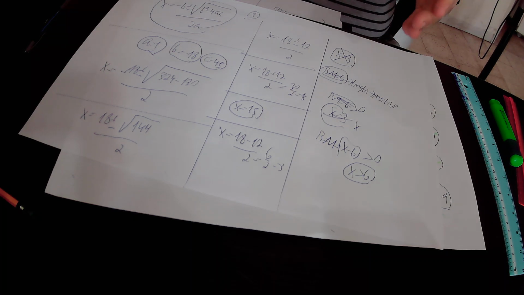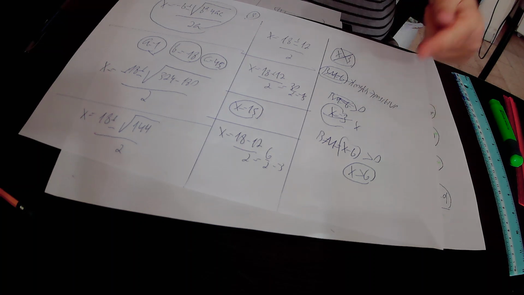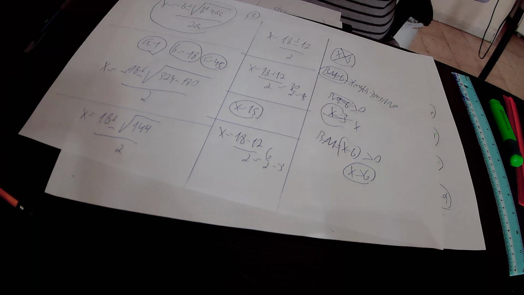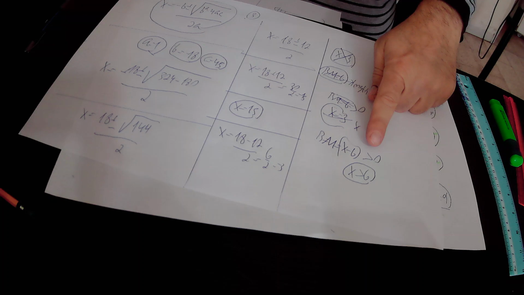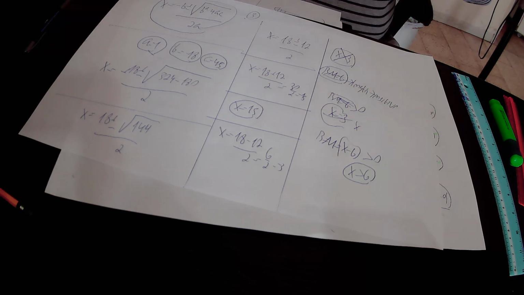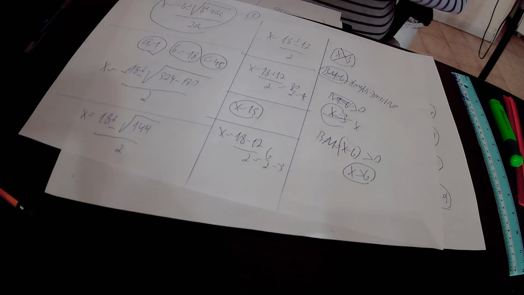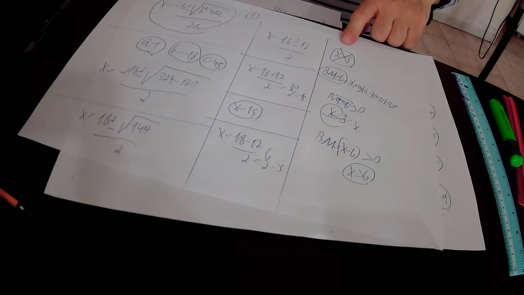So x minus 6 must be greater than 0. If x minus 6 is greater than 0, it means that x must be greater than 6. But if x must be greater than 6, it can never be equal to 3, which is less than 6. So we cancel this solution, x can never be equal to 3.